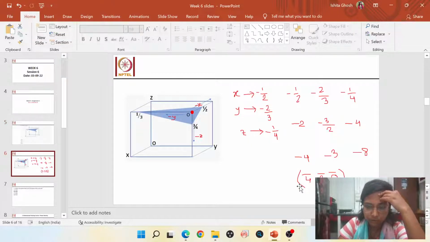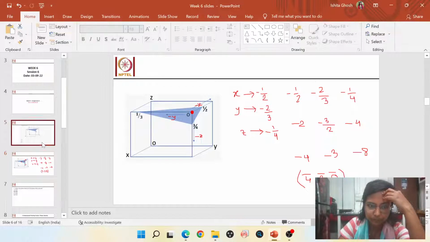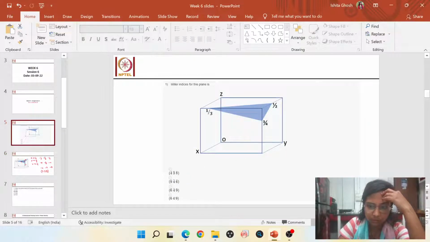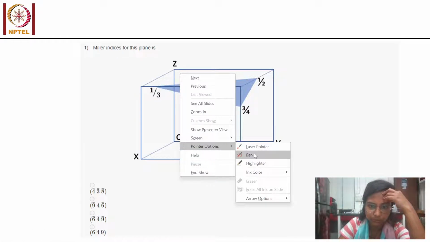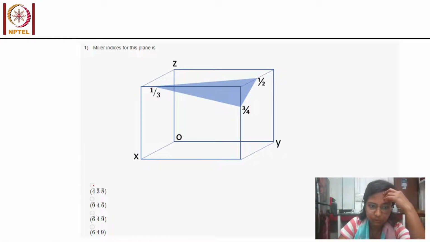What we got here is 4 bar, 3 bar and 8 bar. Hence, option A is our correct option. This is the option you had to choose in your assignment.